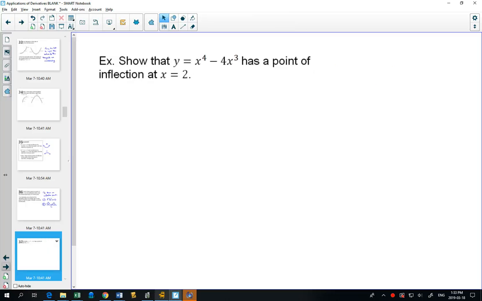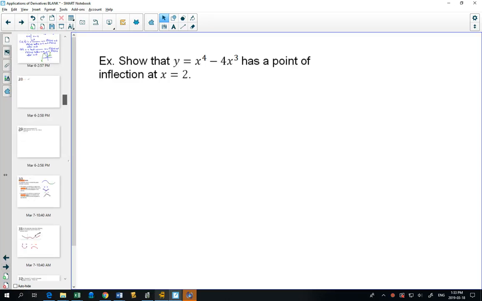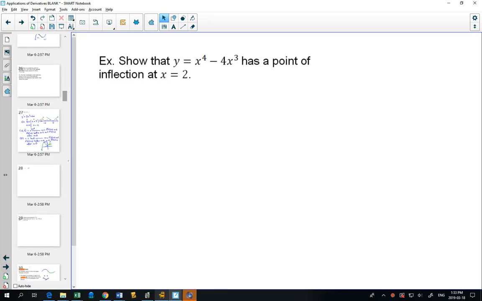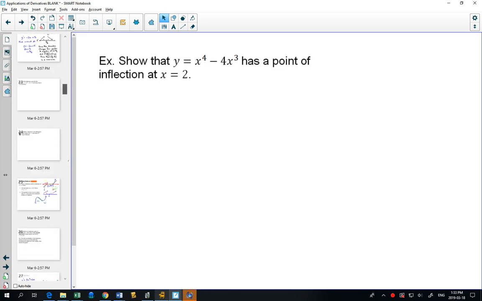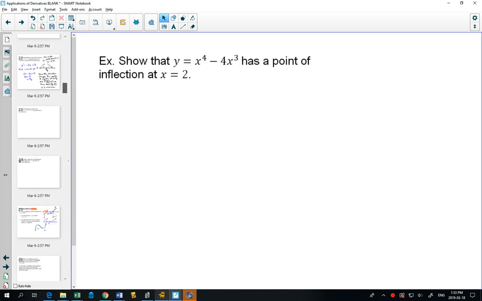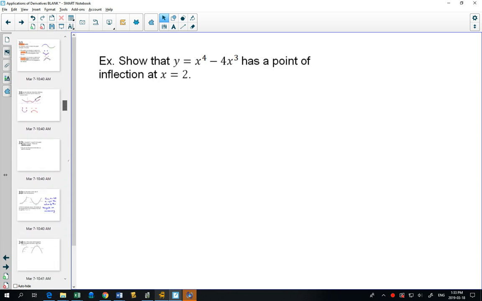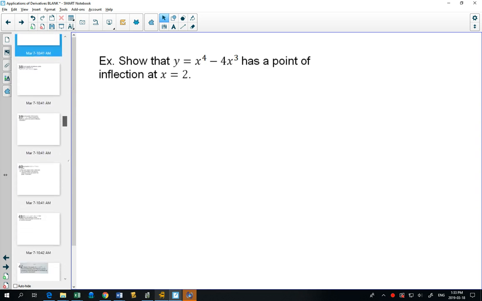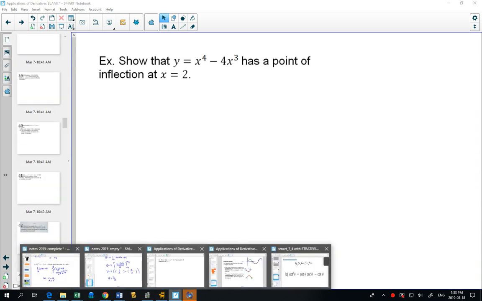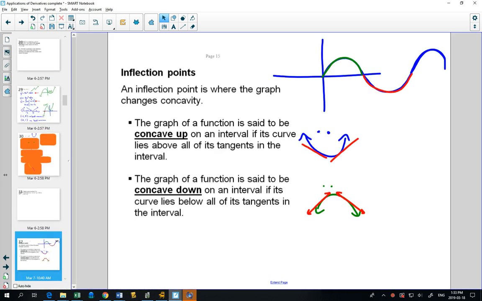So what does that look like with an actual example? So we've got x to the 4 minus 4x cubed. This was the graph that we just graphed the other day. Okay? We want to show that it has a point of inflection at x equals 2. So just to bring this one back from what we did yesterday, let's pull that graph up.